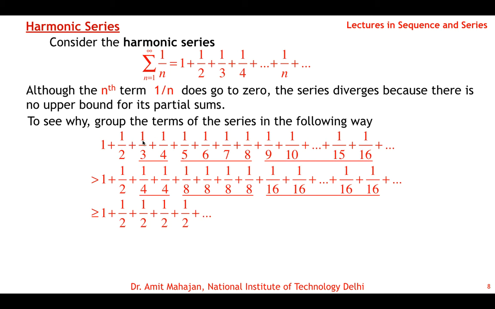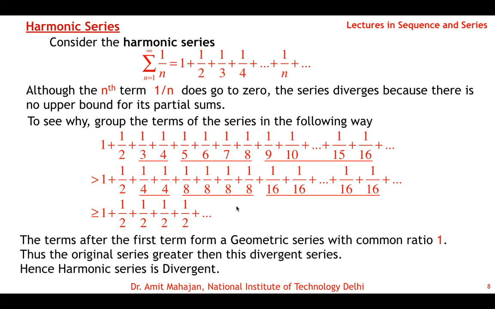The values are always greater than this, so the partial sums of the sequence are not bounded from above, and so the original series also diverges. The terms after the first term form a geometric series with common ratio 1.